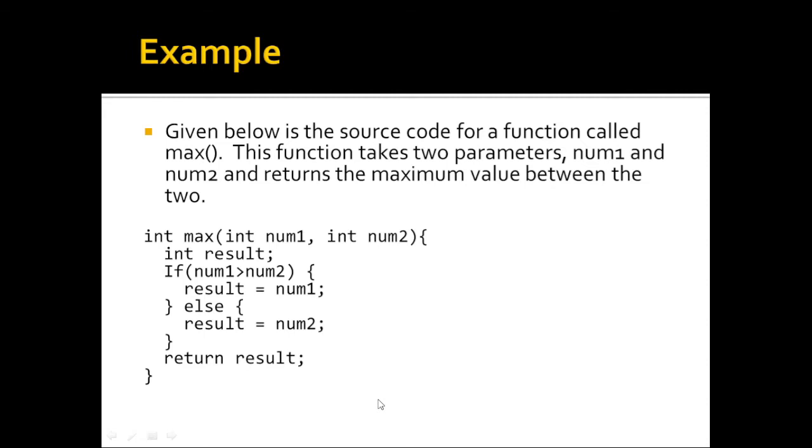If num1 is higher than num2, then the result should be equal to num1, because this function is trying to return the higher value. Otherwise, the result is equal to num2. And then the function returns the value of result, which actually contains the higher or max value.